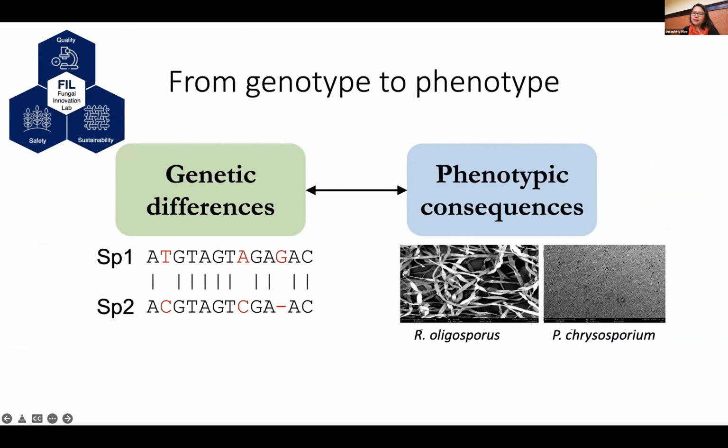So what you're seeing here at the bottom are two scanning electron micrographs, so microscopy images of two very different fungi. And we have questions on porosity and the architecture of the mycelium itself that can select for specific properties that we want in these biomaterials.